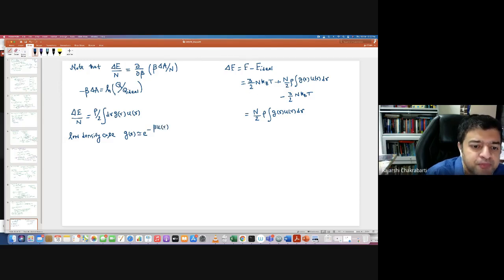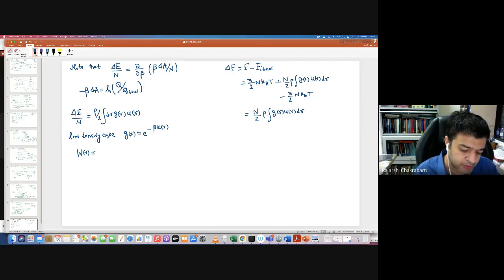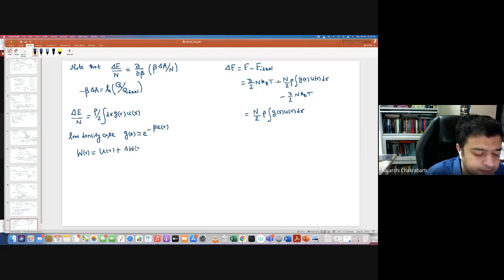Why is it so? Because in general your w(r), the potential of mean force, would have two terms. What are those terms? Those are u(r) and then Δw(r).